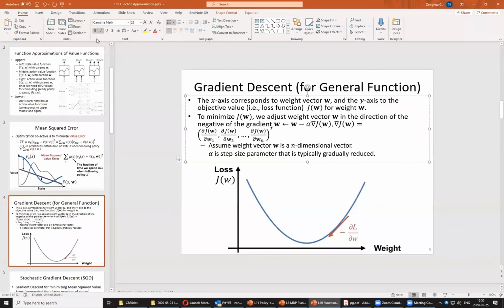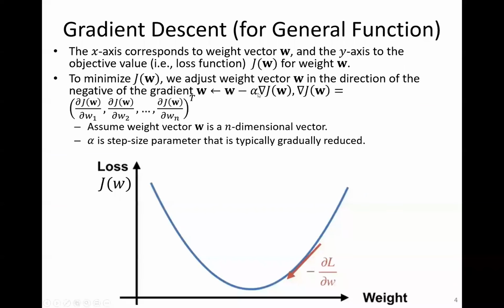These are elements of the weight vector. And the alpha is the step size parameter. Typically, it's gradually reduced as you run the gradient descent.